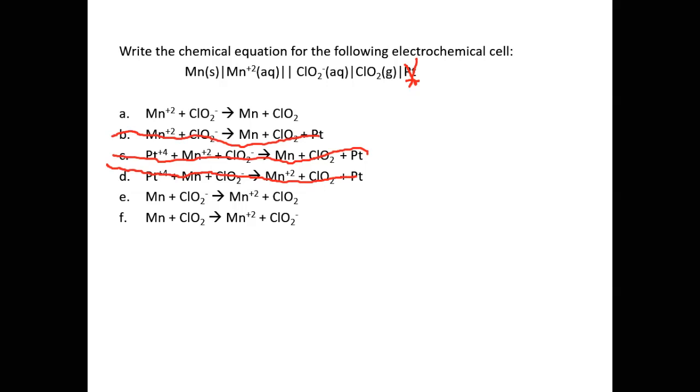Now remember, slots 1 and 3 are reactants, so we want to see manganese and chloride ion on the reactant side. It's not A because it has magnesium 2+ and chloride, so we can disregard that.